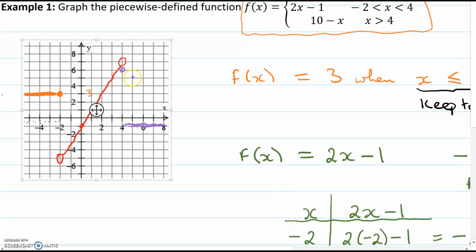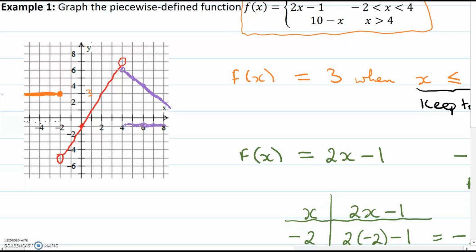So 5, 5, and 6, 4. Okay, so that line is going to be like this. Okay, now on paper obviously we'd use a ruler, but that's what that line looks like.